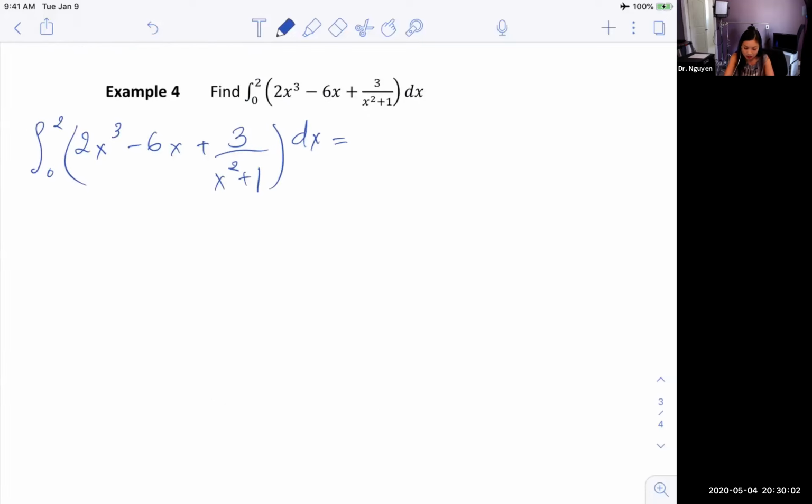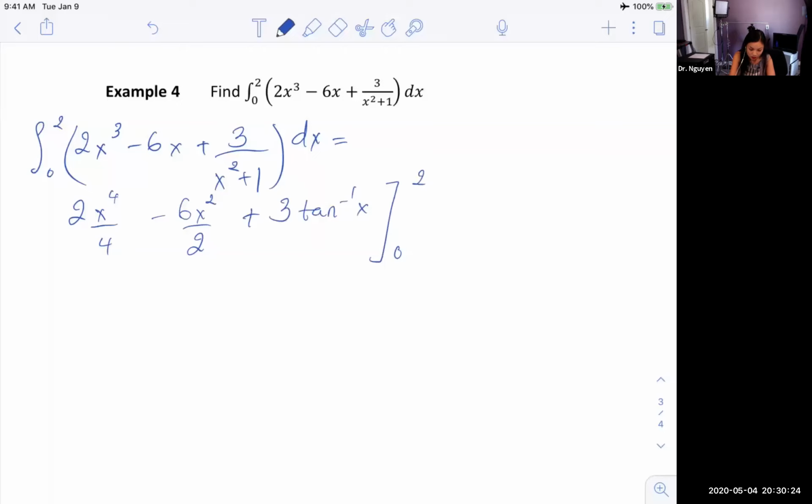Oh, I'm sorry, integrate. So we have 2 x to the 4th over 4 minus 6x squared over 2. And that one's going to give you arctangent. And then we want to evaluate from 0 to 2.